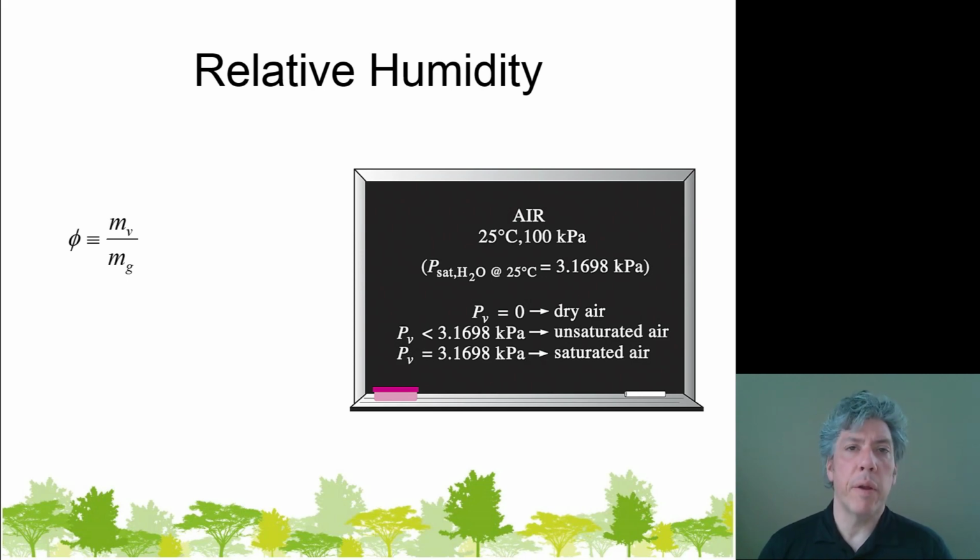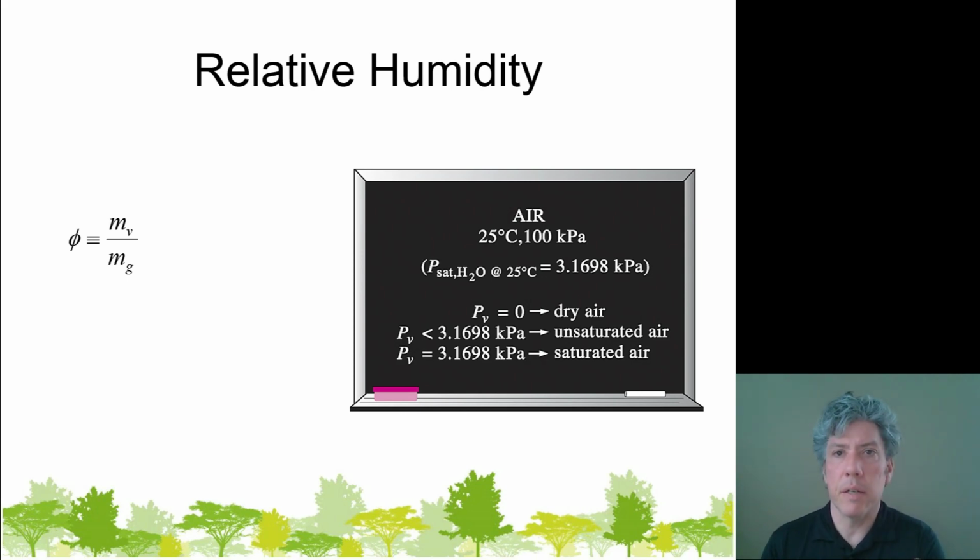So they usually give you a relative humidity, which is defined as the mass of water vapor in a given volume of air divided by the maximum amount of water vapor that could be in the air. Now, if you think about what's going on, if the air and the water vapor don't really interact with each other, then it's almost like they don't know the other one's present. So it's almost like the water vapor is behaving as if there were no air around it, right?